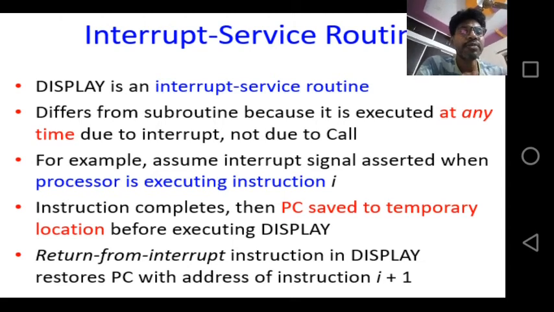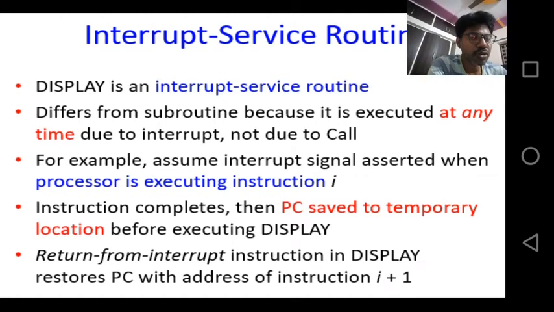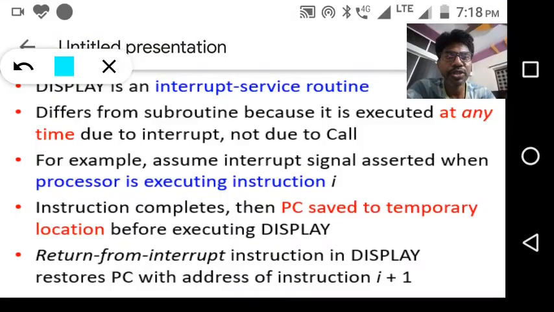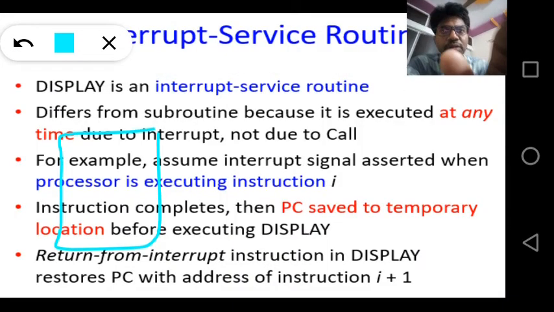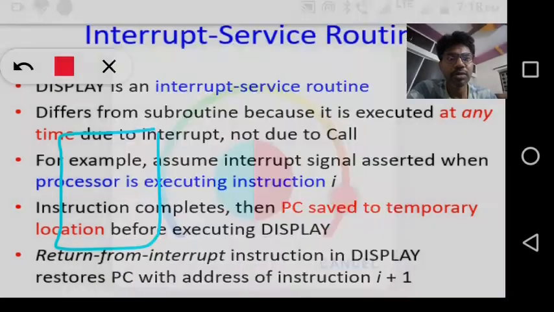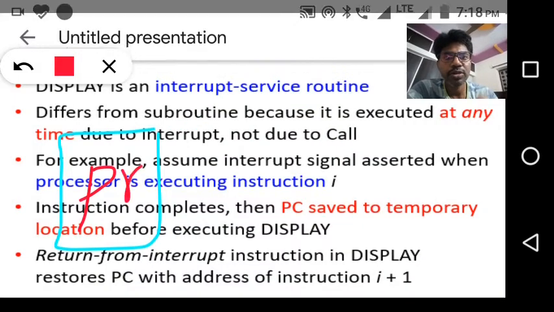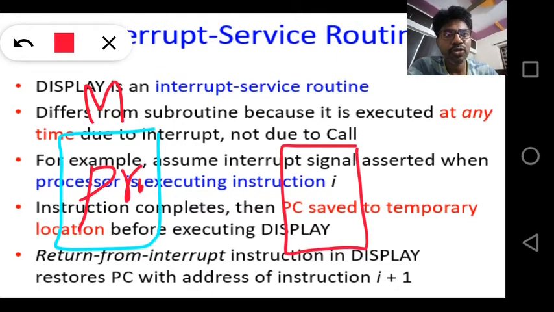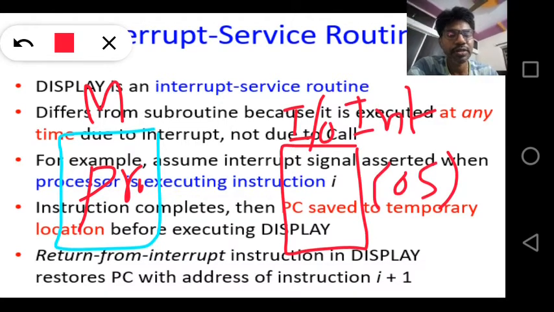So now we got some idea about interrupt. If you compare the manager with the processor, here the processor is the manager and the IO interface is the office subordinate.